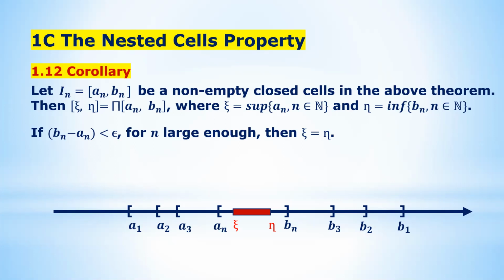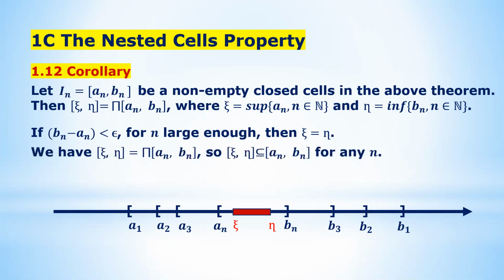Now, how can you reach this? We first notice that the interval [C, η] is equal to the intersection of all the In. This is from the nested cells property and the corollary. So this means that this interval is contained in [An, Bn] for any n, because they are in the intersection.